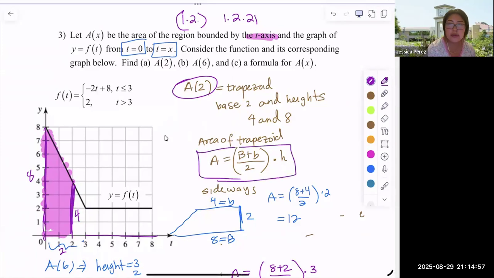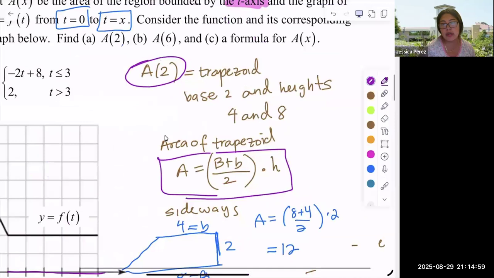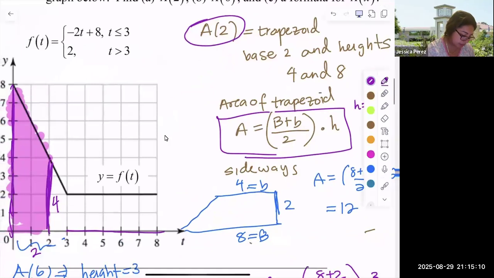So we are going to use the area of a trapezoid, big B plus little b over 2 times the height. In this case, the height is going to be equal to 2, or x here, this purple. That's the height.